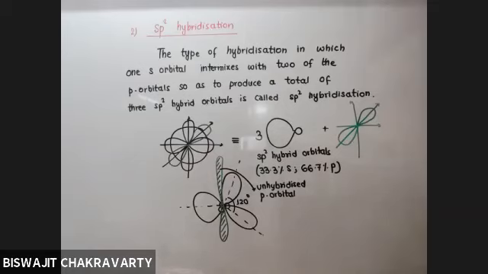And when these 3 hybrid orbitals are produced, they are going to arrange themselves so as to form a trigonal shape. 3 of them will lie on the same plane, whereas the unhybridized p orbital will remain perpendicular to the plane containing the hybrid orbitals. I hope it is understood. Yes, sir.